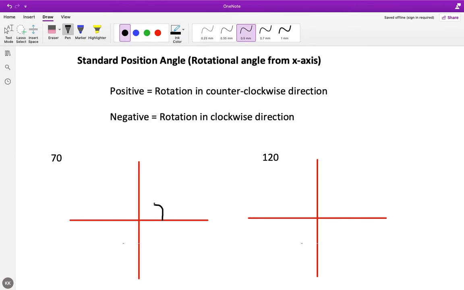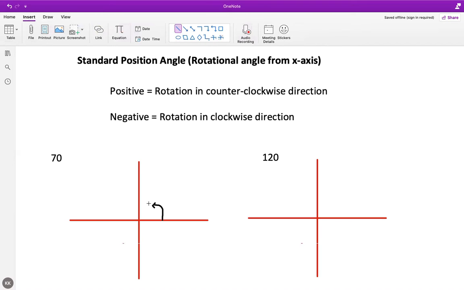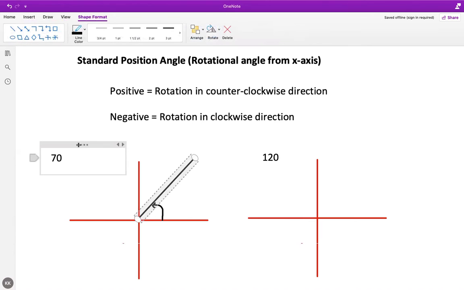It's around this position. I put an arrow, which means this is a rotation angle, and then I draw the terminal arm at this position. This is my terminal arm, approximately 70 degrees.